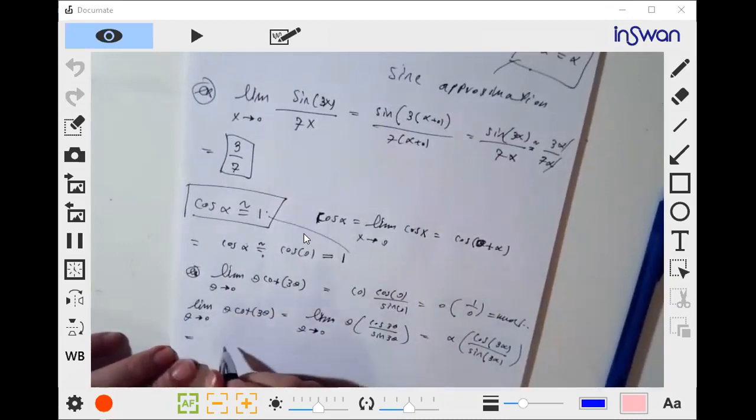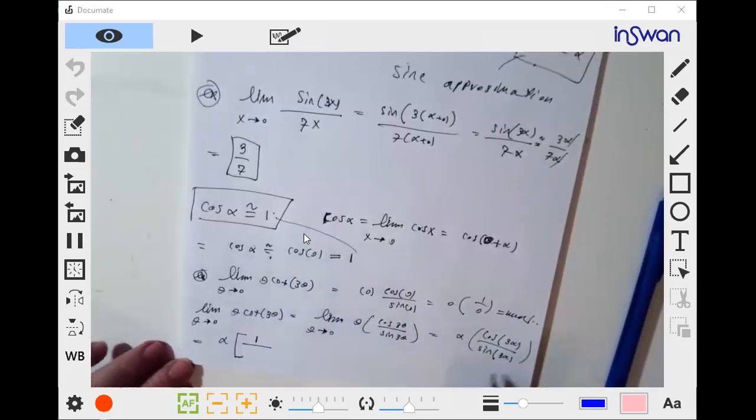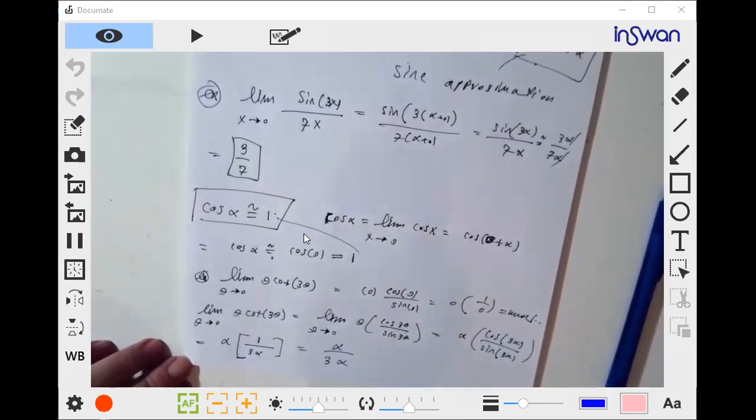This ends up equaling, and we got an alpha out here, cosine of 3 alpha approximates to 1. Because 3 alpha is basically 0. Sine of 3 alpha approximates to just 3 alpha. Notice then we get alpha over 3 alpha. Alphas cancel, so we get 1/3.